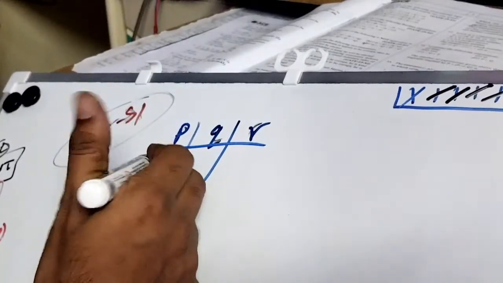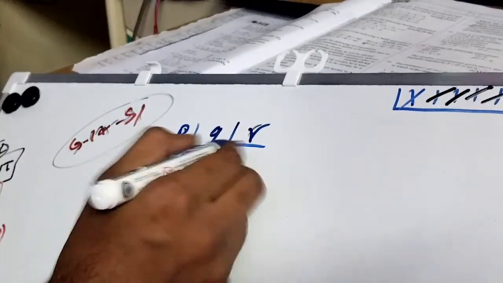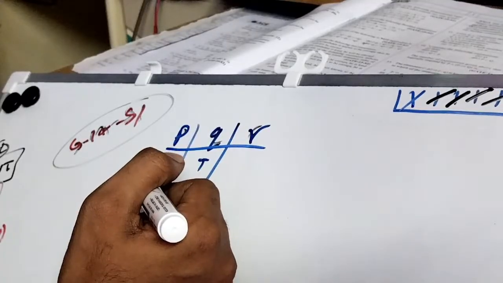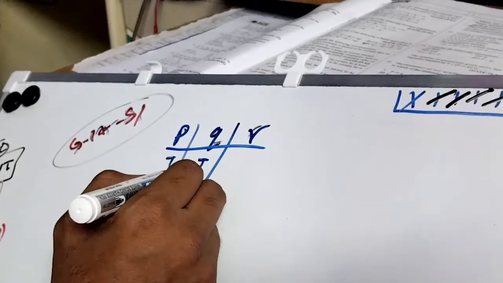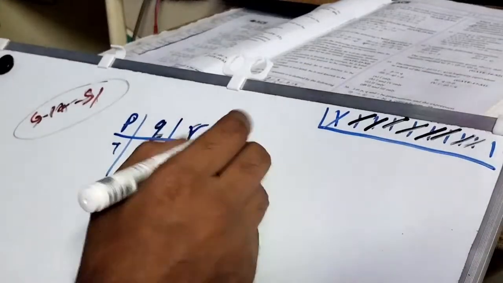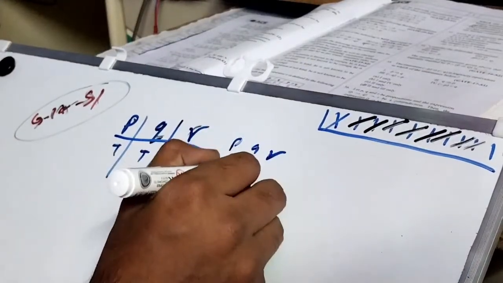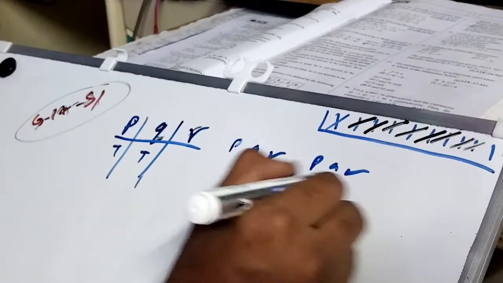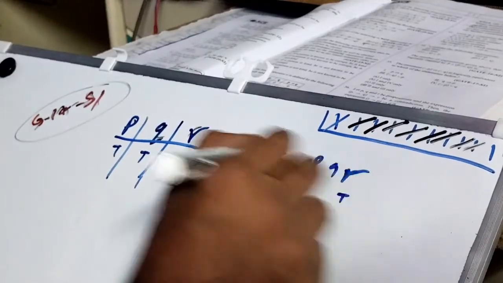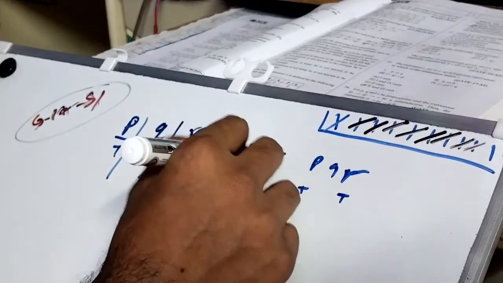Exactly two means case one: these two would be true, and this returns true. Case two: these two will be true. And case three: these two will be true. Okay, these are the cases.